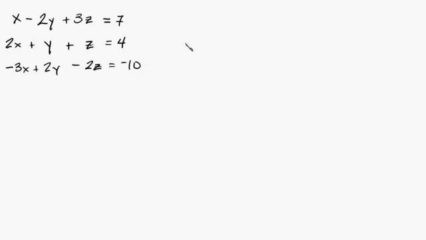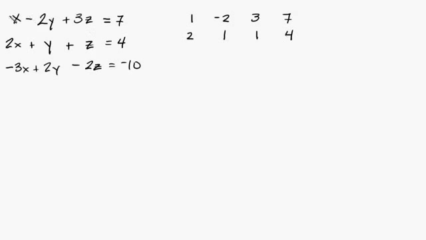Okay, so now what you want to do is set this up in the augmented matrix form. So what you're going to do is take the coefficients 1, negative 2, 3, and 7, and the rest of them, and write them in this form here. So let me start off this way. You have 1, negative 2, 3, 7, and you have 2 here, a 1 here, a 1 here, and a 4 here.